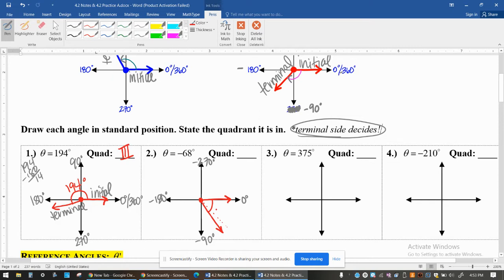That's what I'm going to label as negative 68 degrees. Use the 45-degree mark to help you. Okay, so negative 68 degrees ends up in quadrant 4.